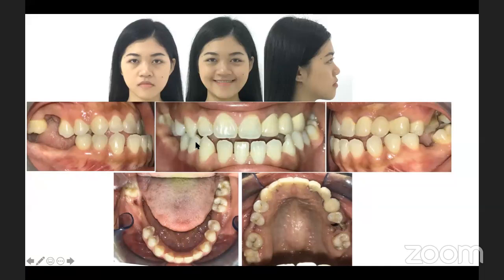Now, what happened in this case is she also had some kind of tongue thrust. I placed in a crib as well to address the tongue thrust issue. In about a year's time, I was able to get coincident midlines with proper canine classifications in this case.